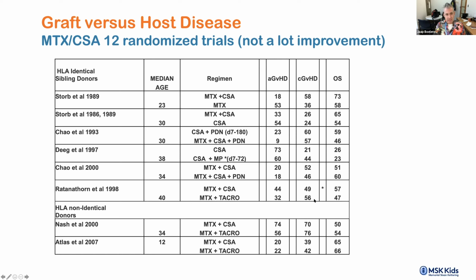When we are talking about transplants in metabolic diseases, the risk, depending on cell source, ranges between 20, 25, and 35% for grade 2 to 4 GvHD, with grade 3 and 4 being the moderate to severe graft versus host disease.